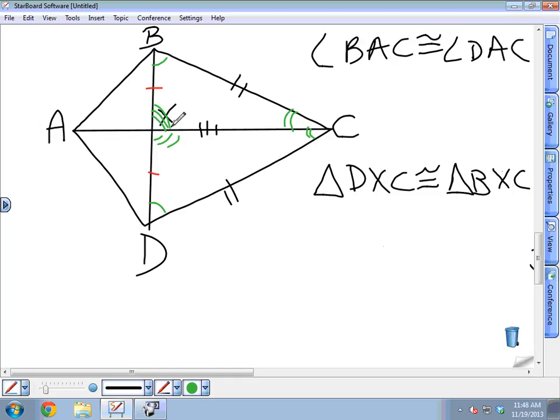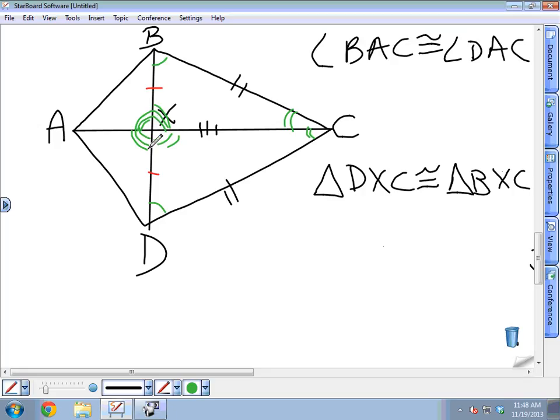Say that again: what do you say about vertical angles? DXC is congruent to AXB, because vertical angles are congruent. And they're also congruent to AXD, right? Yes. Does everybody see that?